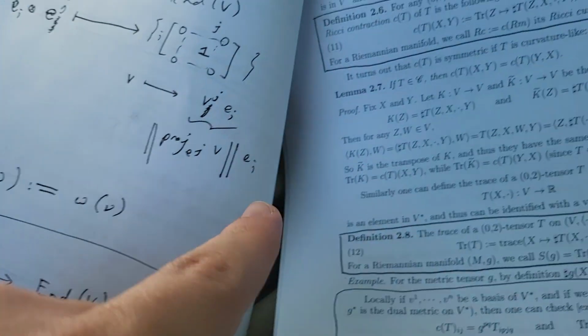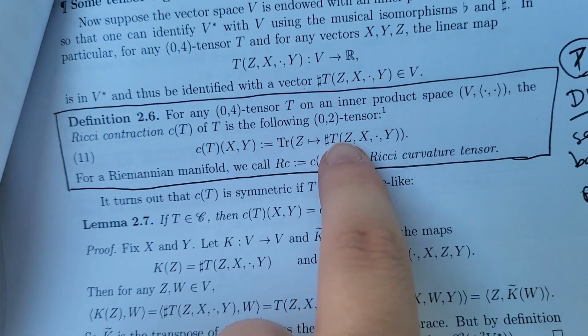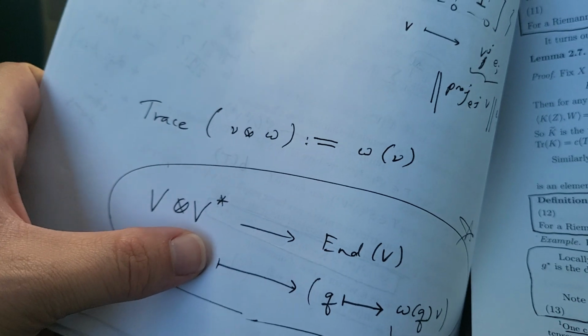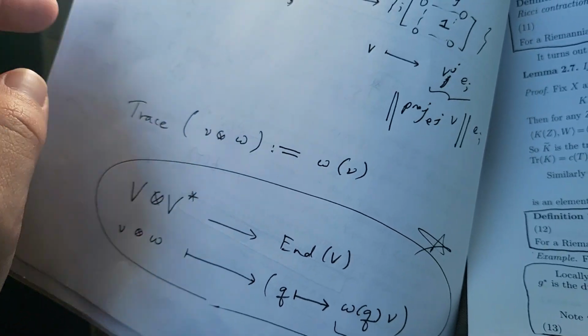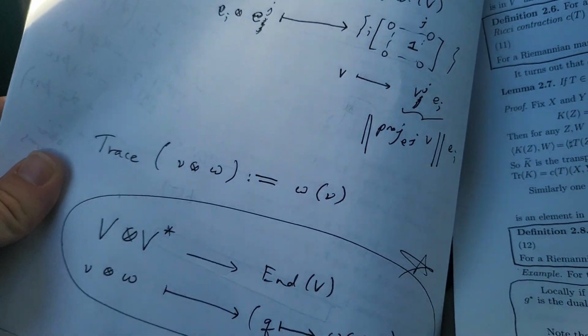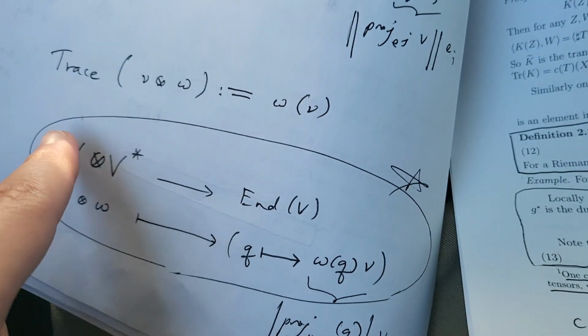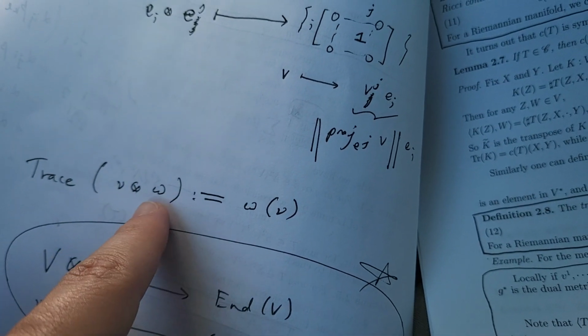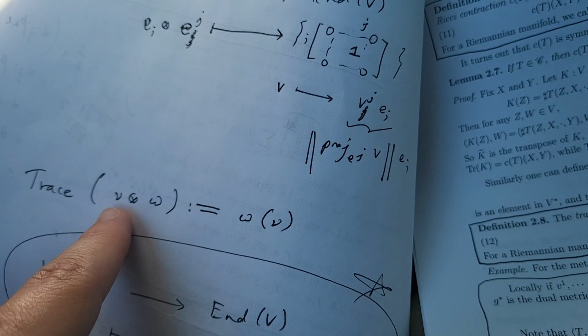Then we can take our endomorphism, a linear map, and send it to V tensor V star, and then the trace map is just defined by literally contracting. It's defined on the basis of V tensor V dual by sending V tensor omega to omega of V.